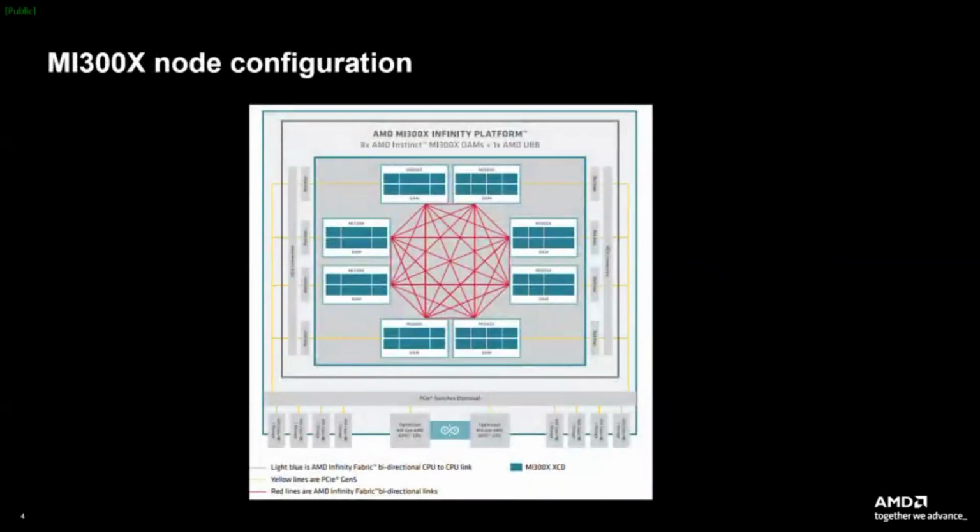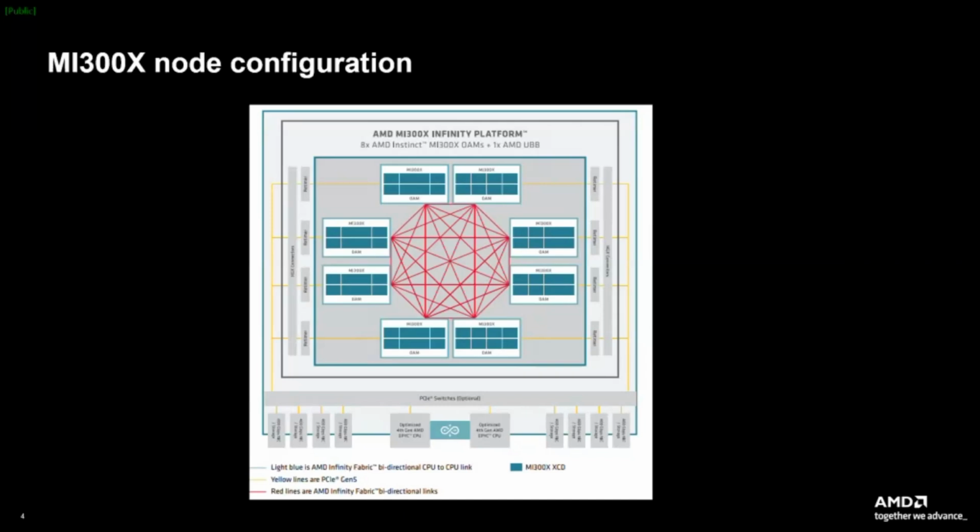If you look at the entire node-level configuration for MI300X, we have a single configuration that is supported, that's basically 8 devices in a system. Each of the devices is configured with 1 direct Infinity Fabric link to every single other device on the node. So basically you have a fully connected network, but because of that, it's hard-coded and limited to 8 devices within a single node at this point in time.